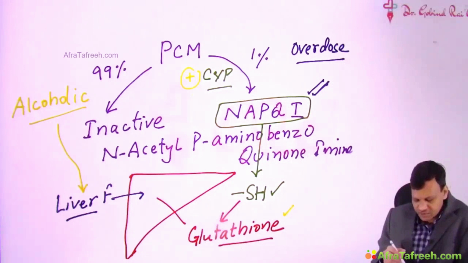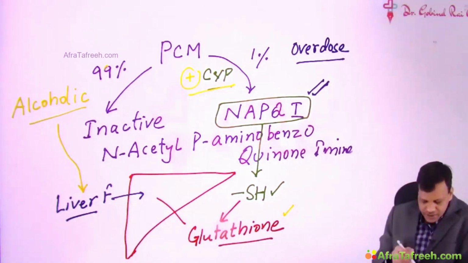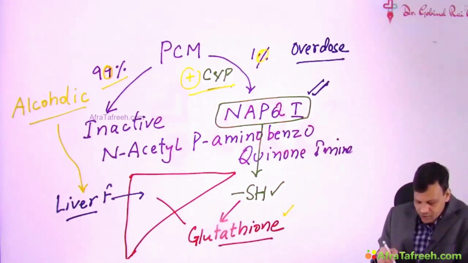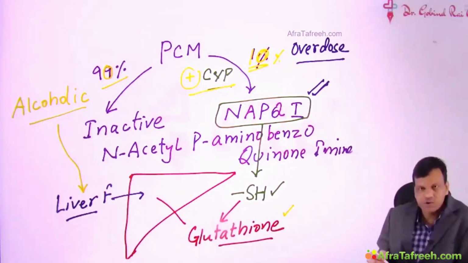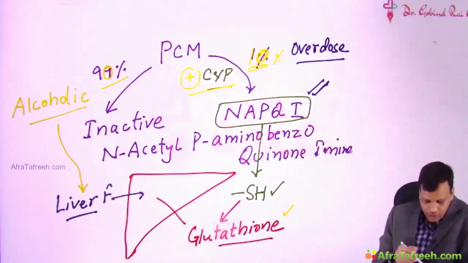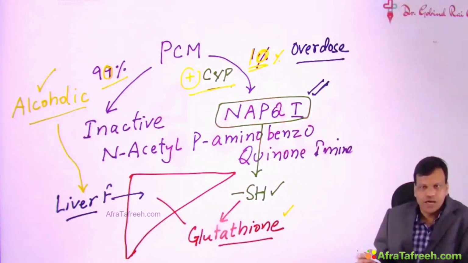But if CYP is induced, this ratio can change. So instead of 99%, 90% will form inactive compound, but 10% can form NAPQI. So the same amount of paracetamol generates more NAPQI, and NAPQI cannot be neutralized because the liver is not working properly. Less production of glutathione is there. So chronic alcoholics are at increased risk of toxicity to paracetamol as compared to a normal person.